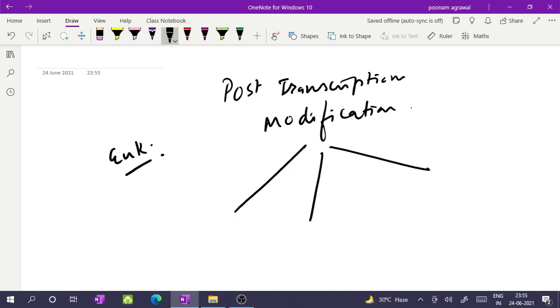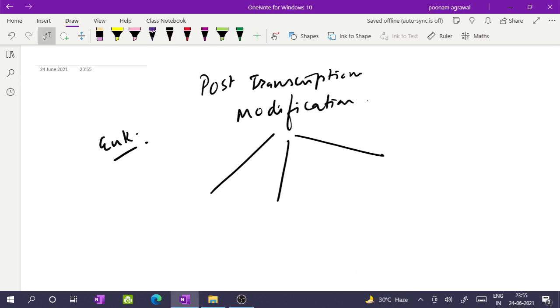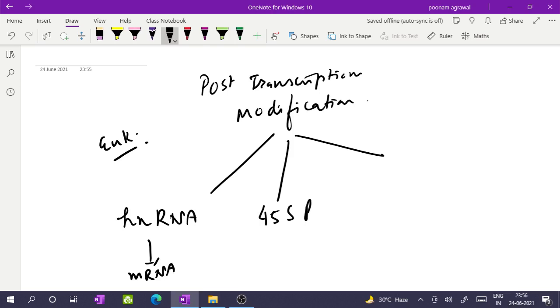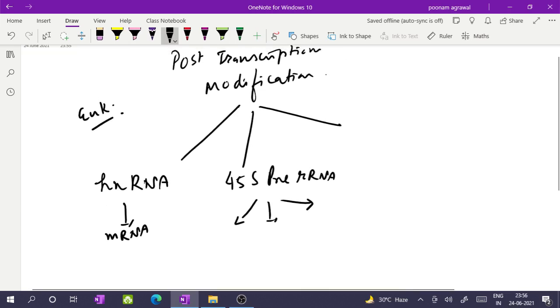When I discuss the post-transcriptional modification of RNAs produced in eukaryotes, I discuss the modification of hnRNA to make mRNA. I discuss the modification of 45S pre-ribosomal RNA to make smaller types of ribosomal RNA, that is 5.8S, 18S and 28S.